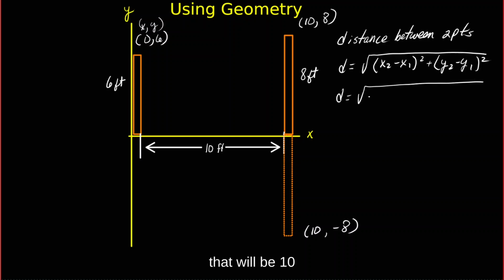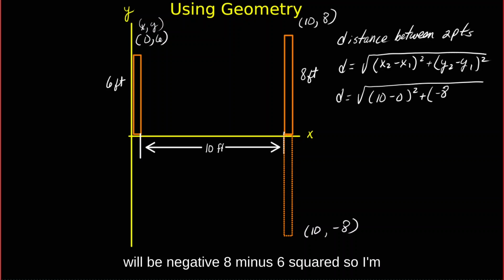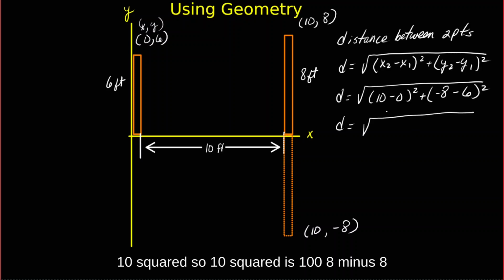So that will be 10 minus 0 squared for my x's, and negative 8 minus 6 squared for my y's. 10 squared is 100.